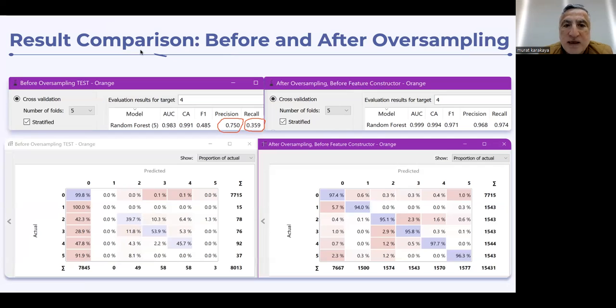But if the precision is 75%, assume that there are 100 predictions you made as 4, only 75 of them actually are 4. So you need to understand these metrics, and I gave you as homework to read and understand the classification metrics and the regression metrics, right? So in the exam, I will ask this.